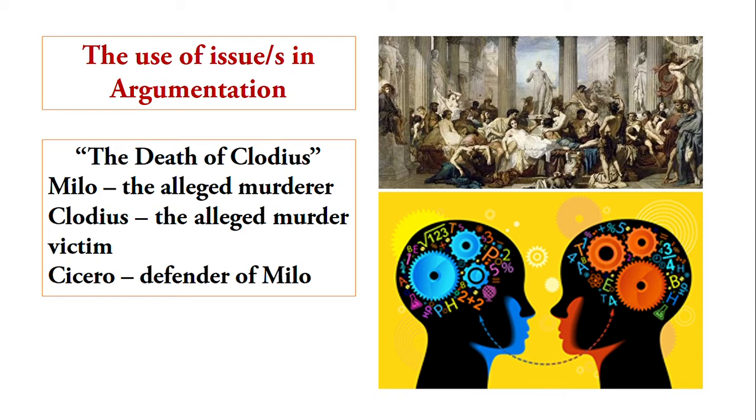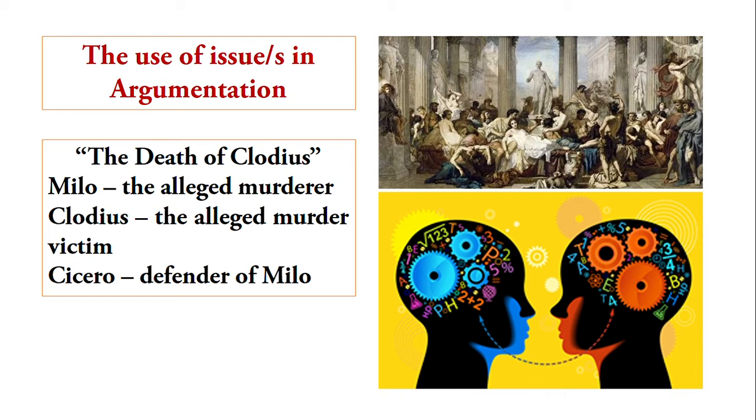I am hoping that you were able to internalize this short story because, through Cicero's intelligence in using the threefold division of arguments through fact, definition, and value, he was able to construct arguments in benefit of Milo. After all, he is the defender of Milo.